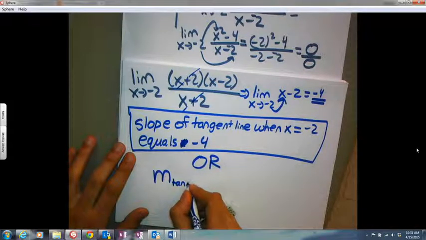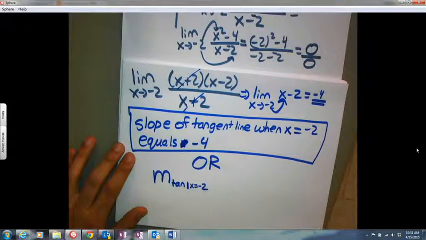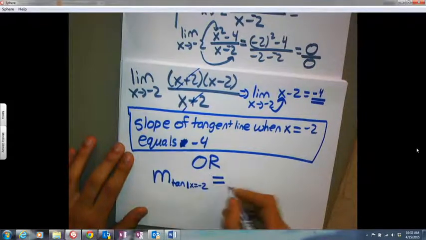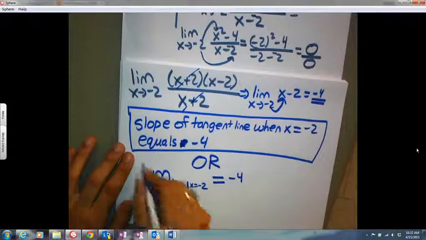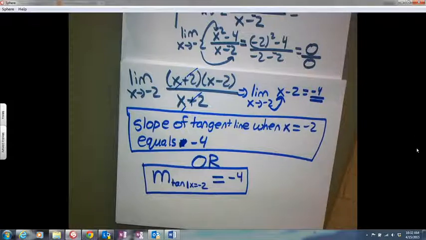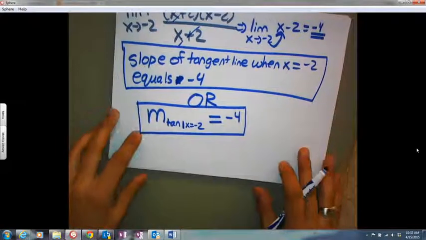This line means when x equals negative 2. And instead of the word equals, you put the equal sign, negative 4. Either of these is acceptable. Your choice, what you prefer. Questions at all on the notation?